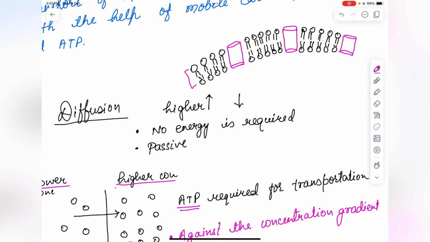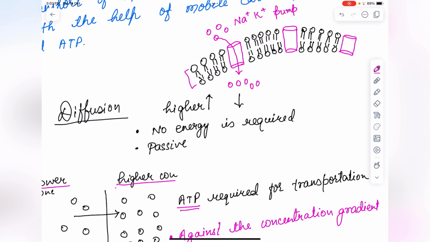In active transportation, if the concentration outside the membrane is less and inside it is required, this protein channel will help in pumping molecules like sodium and potassium. It can be called the sodium potassium pump.